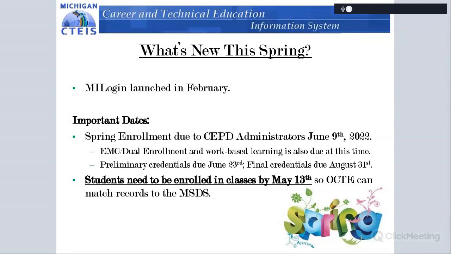You must have a My Login to access CTEIS. If you have not signed up, you can visit the CTEIS knowledge base for instructions on how to sign up for My Login for third party. A helpful guide can be found at supportcetis.com. You look for the data entry tab at the top of the page and select My Login for CTEIS.